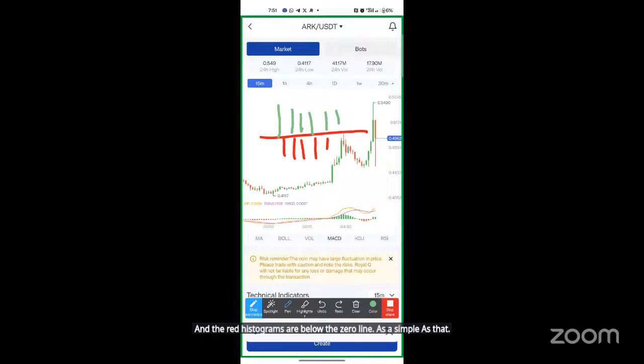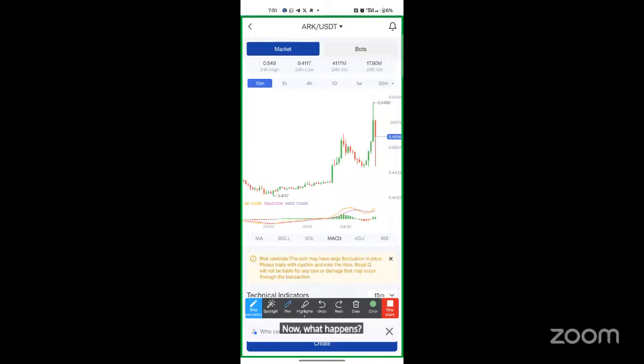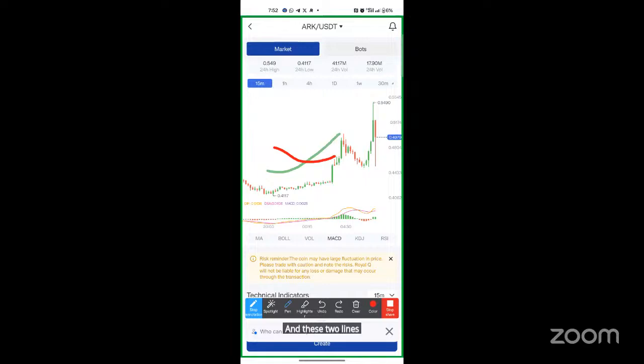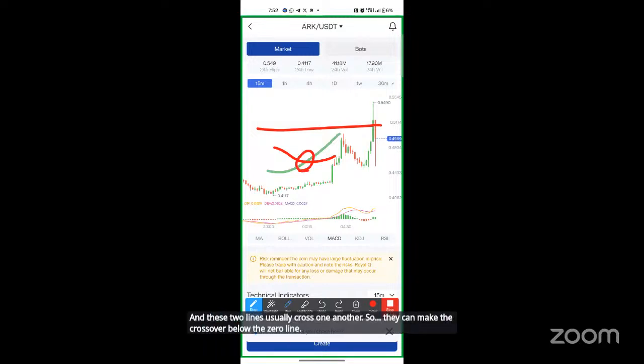Now, what happens? The MACD has two lines, and these two lines usually cross one another. They can make the crossover below the zero line, or they can make the crossover above the zero line.